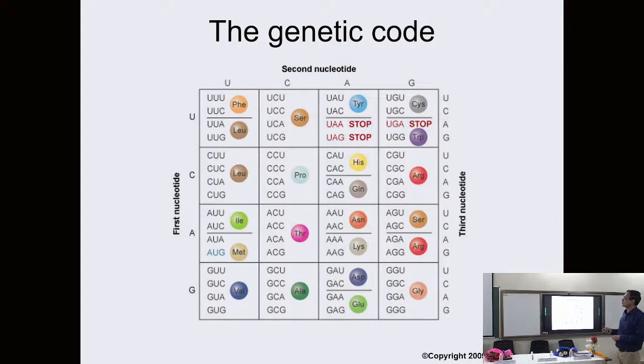There are total 64 triplets, and they code for 20 amino acids. So there is redundancy, which would imply that an amino acid is coded by one or more than one codon. So for example, glycine is coded by 4 codons.